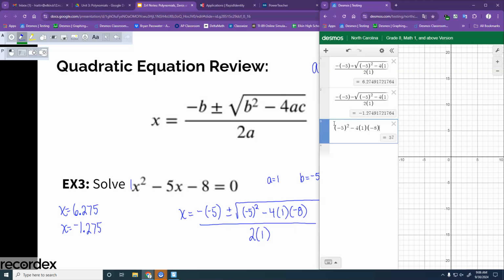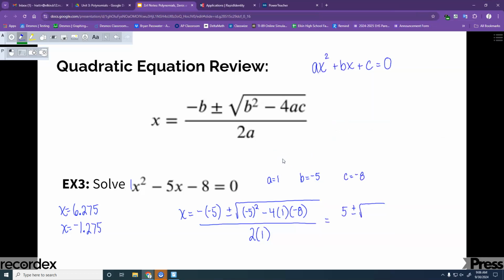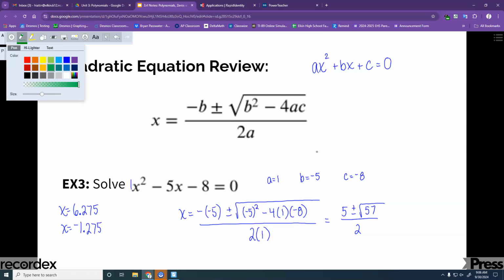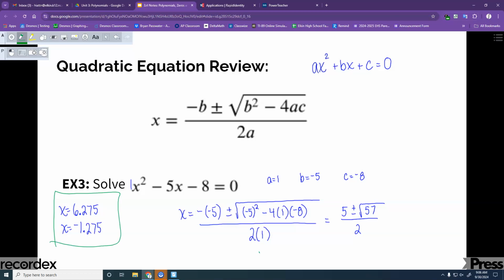Don't put the square root, just the stuff under the square root. I'm getting 57, and it's all over 2. The square root of 57 will not break down, so you could just leave it like that. This is really 2 answers: 5 plus the square root of 57 divided by 2, and 5 minus the square root of 57 divided by 2.